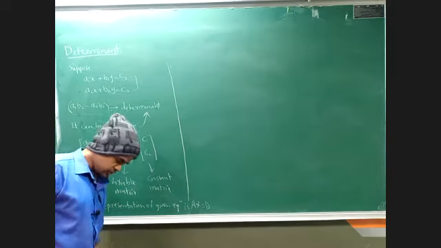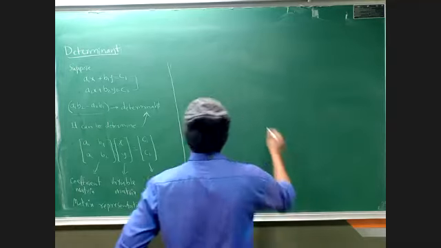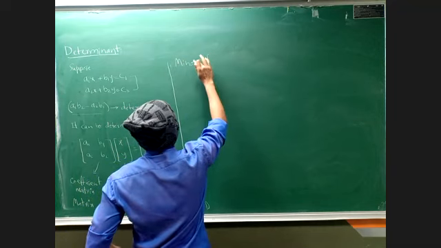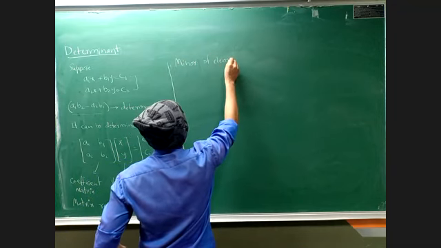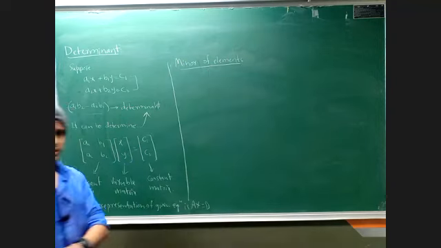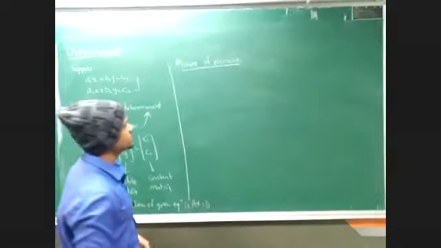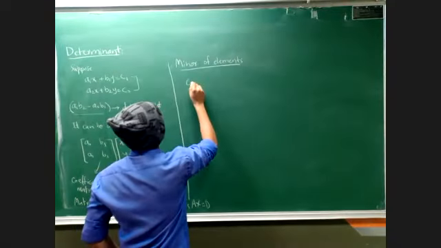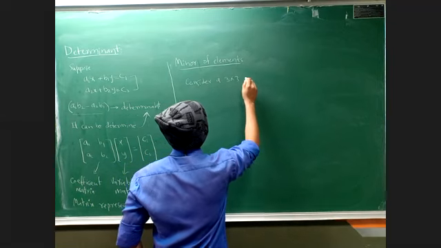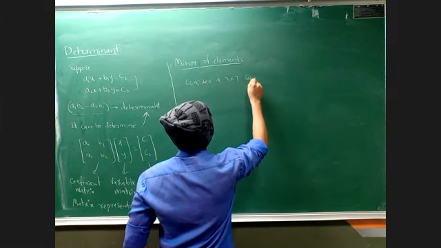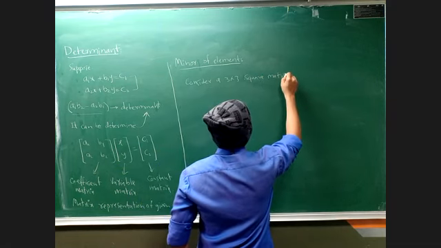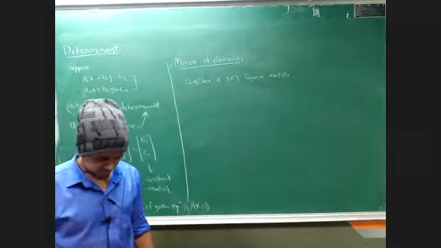Now we are going to see the minor of an element. What is the minor of an element? Consider a 3 by 3 square matrix.